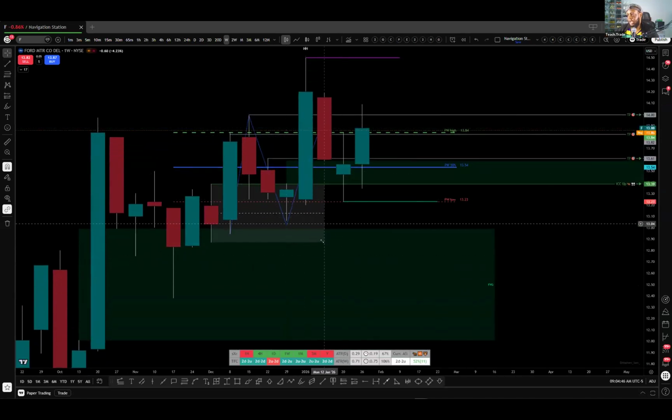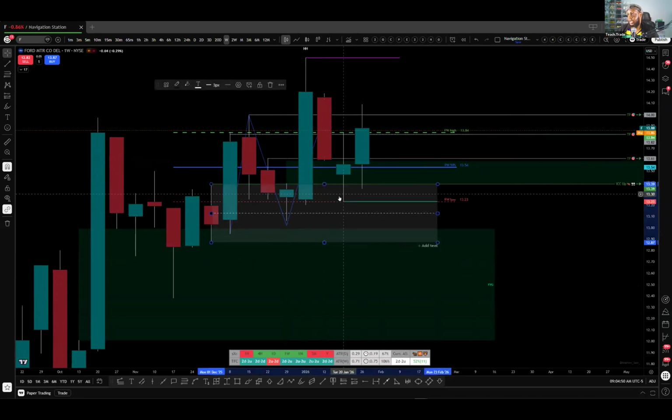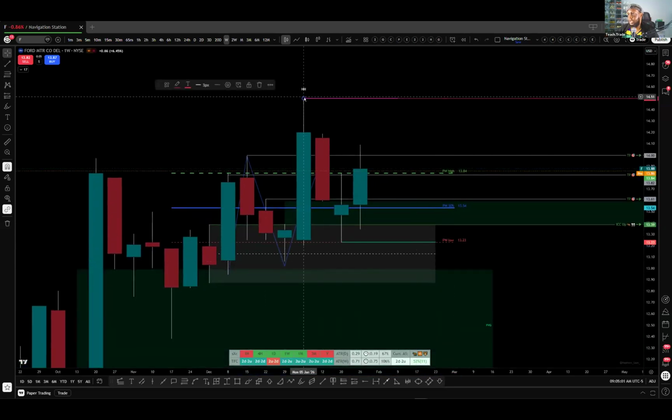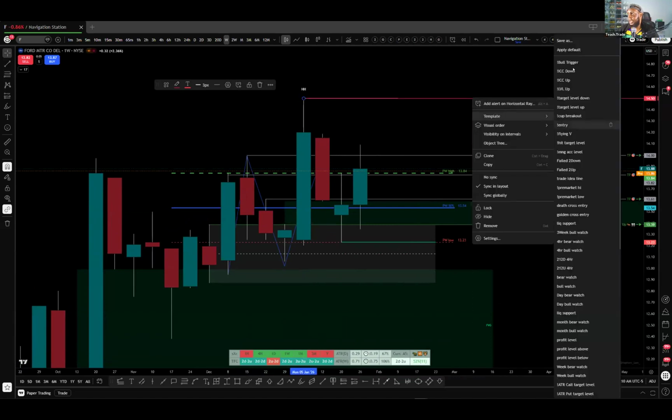And so what it's doing again, if we move this 4 hour box over, is it went back down inside of the box, and then popped out of it and then retook this target of 14. So if Ford wants to keep going, we want to see it now try to take out this new target, the higher high that it made up there at 14.50, which has become the new target up from the first expansion outside of that 4 hour box.